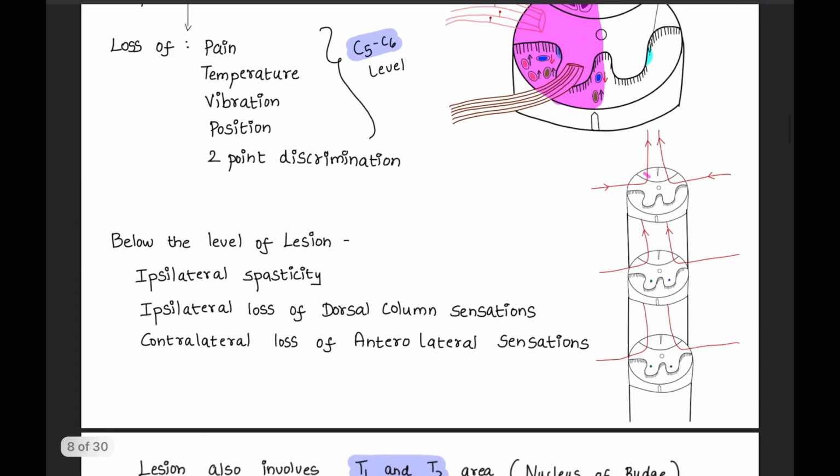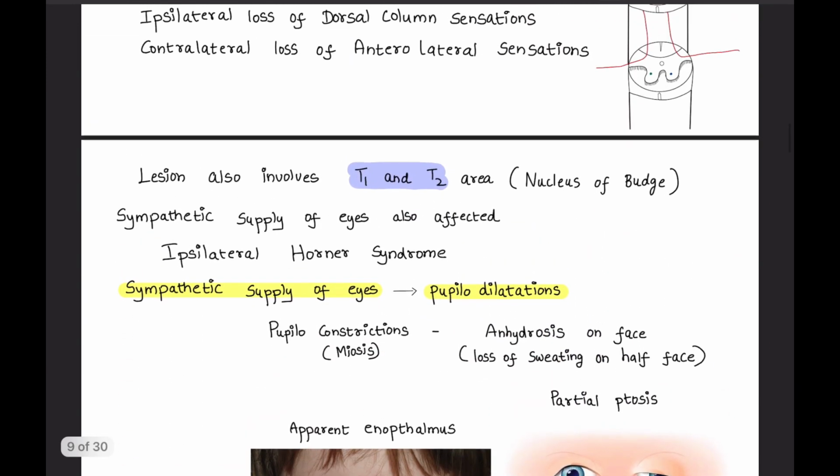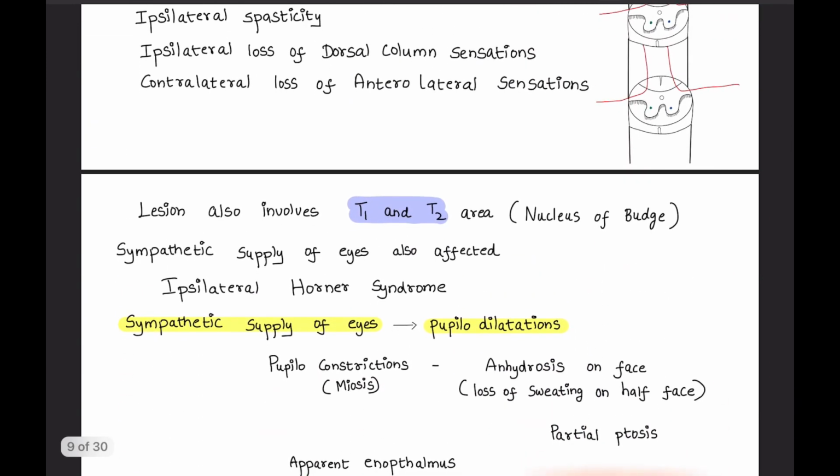So if there is a lesion, the sympathetic supply of the eye is affected only on one side, because the other side is normal. The normal function of sympathetic supply of the eyes is to keep the pupils dilated, that is pupillodilatation. If there is a defect to the sympathetic supply of the eyes, there will be pupilloconstriction, that is miosis. Dilation means mydriasis.